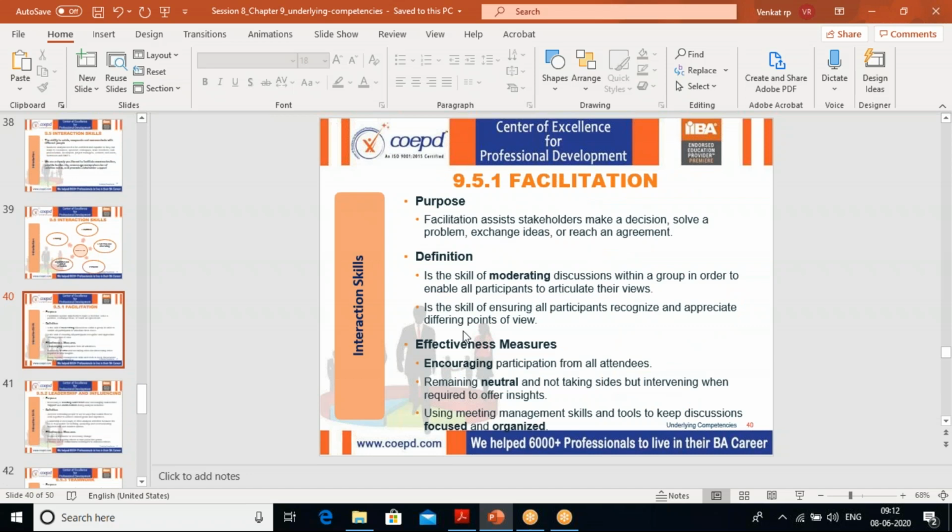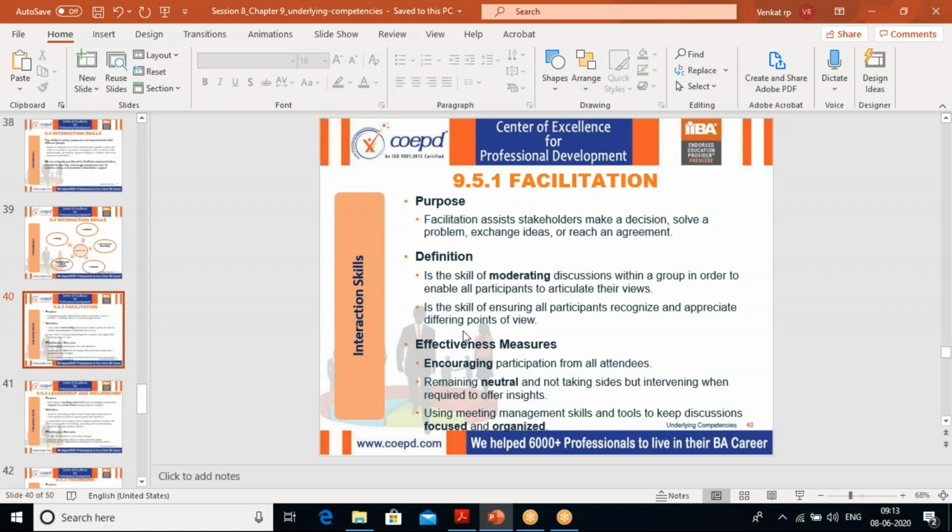And coming to facilitation. Facilitation means assisting the stakeholders to make a decision, solve a problem, exchange ideas, and reach an agreement. That means you should give them an environment in which the stakeholders can actually think, contribute, and even make decisions. You should bring in that environment. That is what we call facilitation.